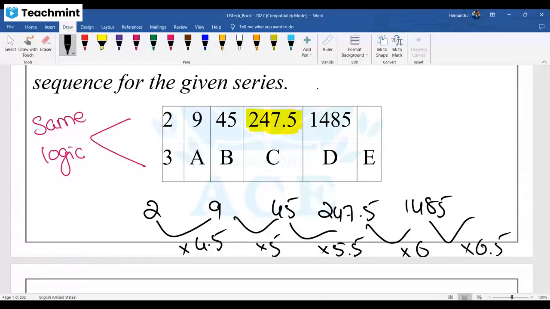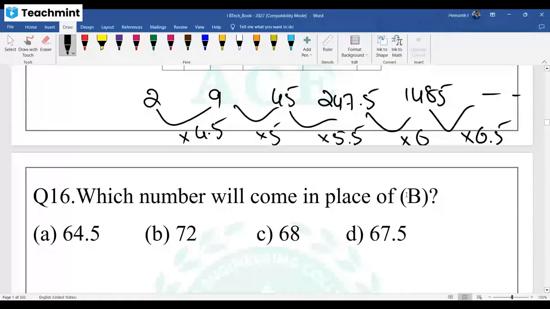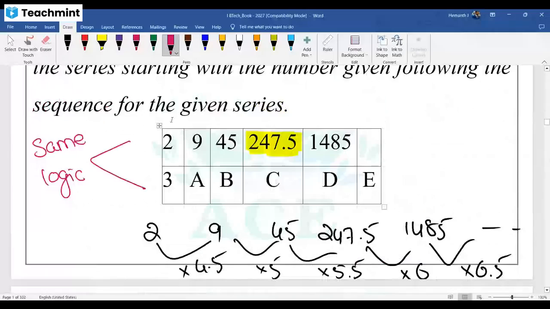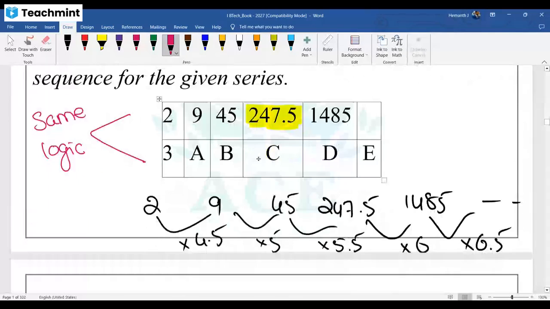Now, what position do you need to calculate? They've given the question already: in place of B, what will come? Starting with 3, if you want A, you have to multiply by 4.5. If you want B, then that should be multiplied by 5. I hope you got the logic outline.